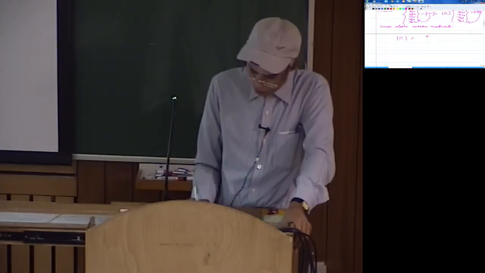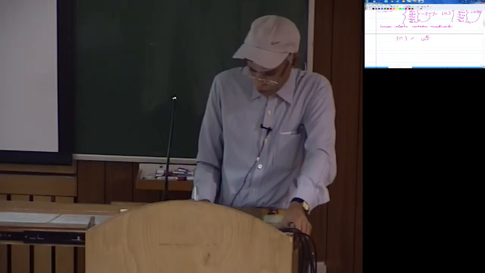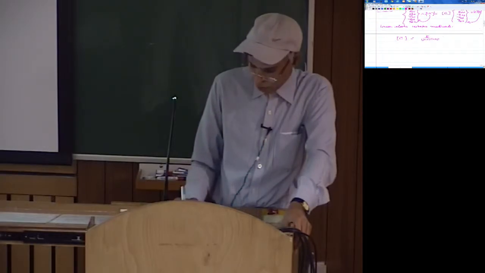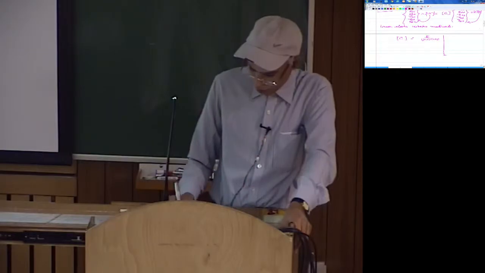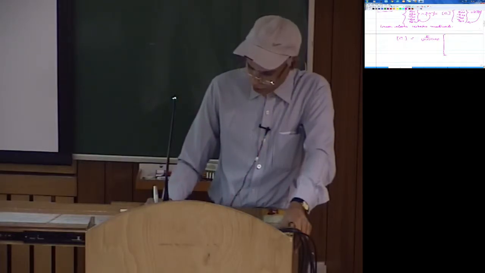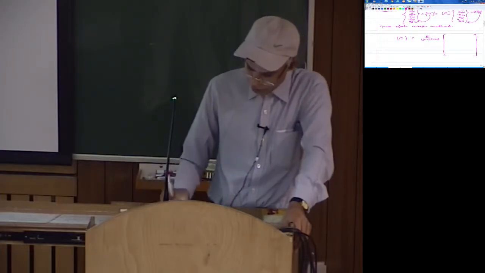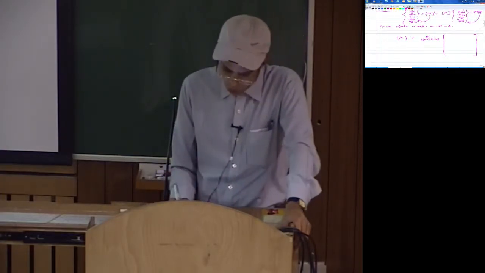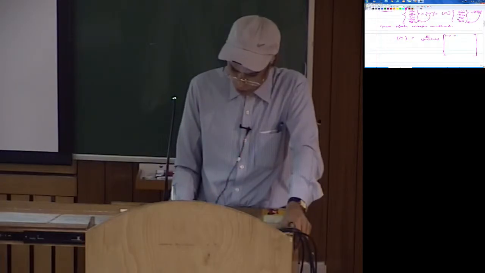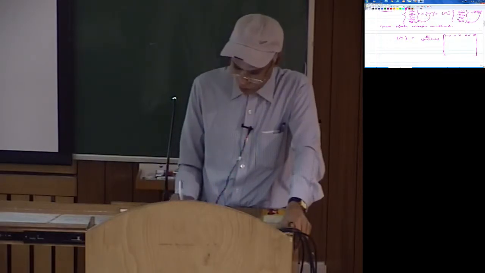So the form is similar: E upon 1 plus nu into 1 minus 2 nu, and then of course, isotropic material means only normal stresses and strains are coupled, but no coupling between shear and normal strains and vice versa. So here what you have is 1 minus nu, then 0, 0, 0.